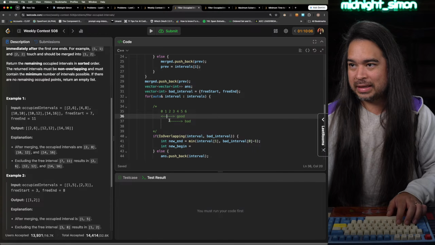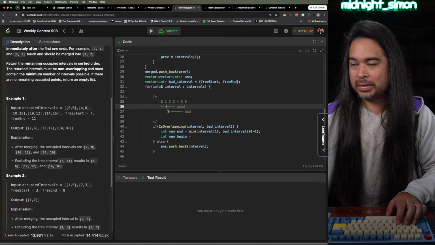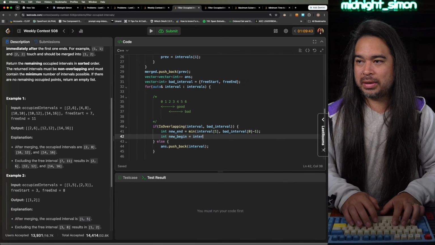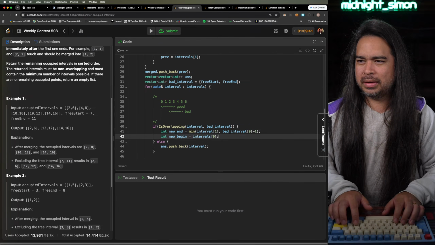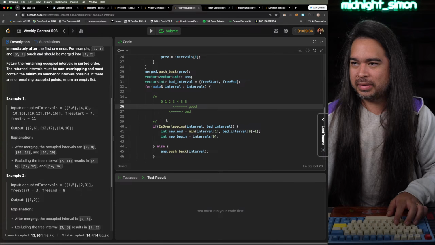So if this is the case, I guess the beginning will always be the same, and the new end is the min. New beginning will just be the same. But then it could be like this, right?